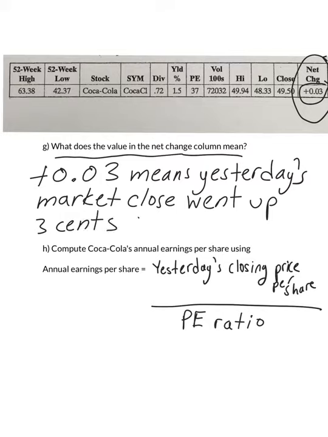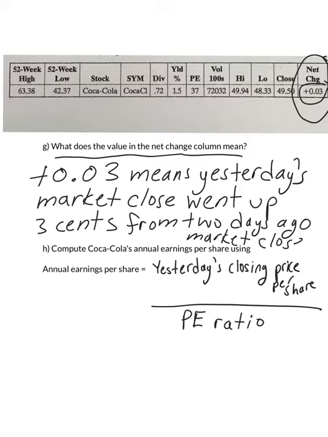From 2 days ago when the stock market closed. I'll just write market close. So plus 0.03 means yesterday's market close went up 3 cents from 2 days ago market close.